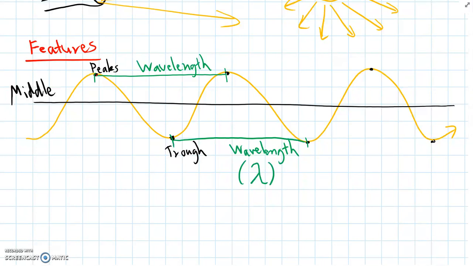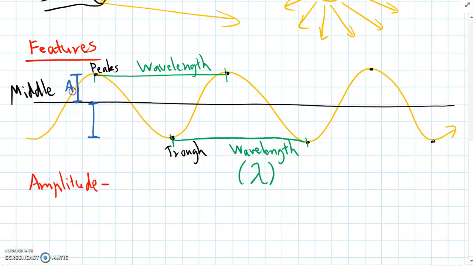The other feature that we can measure about light waves is the amplitude. And amplitude measures the height from the halfway line up to the top, or the halfway line down to the bottom or the trough of the wave.